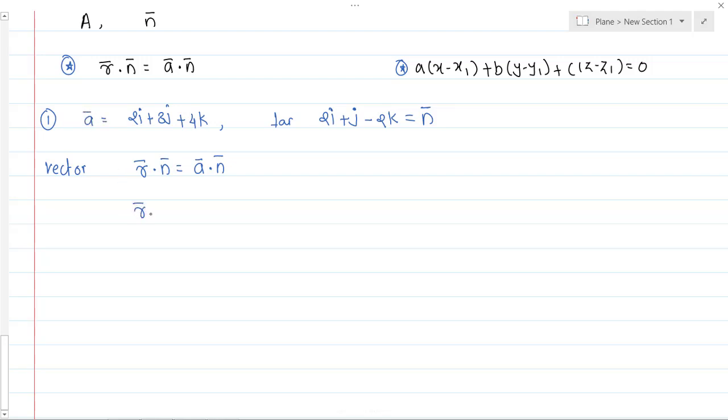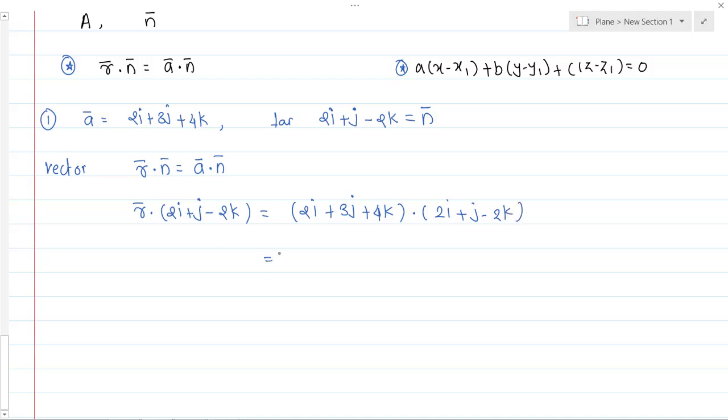So r bar will be the same, dot n bar, which is 2i plus j minus 2k, equals a bar, which is 2i plus 3j plus 4k, dot 2i plus j minus 2k.